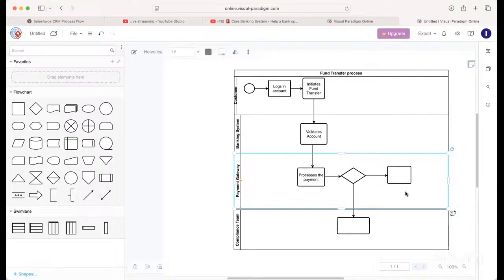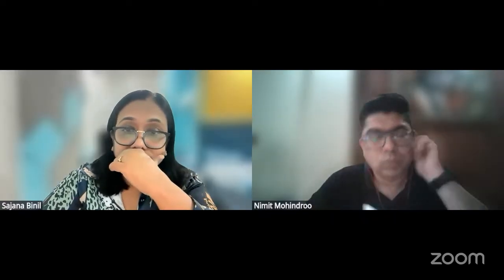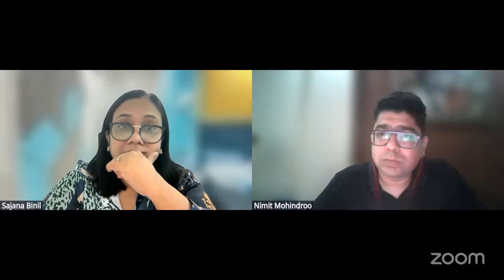If there is not enough balance, then the payment gateway will reject the transfer, or it could be another scenario where it is on security. If it's based on security, then it will go to compliance. But if it is based on funds, then it would go back to the banking system to confirm to the client or the customer that we have inadequate funds. So I was looking at it from those two scenarios.